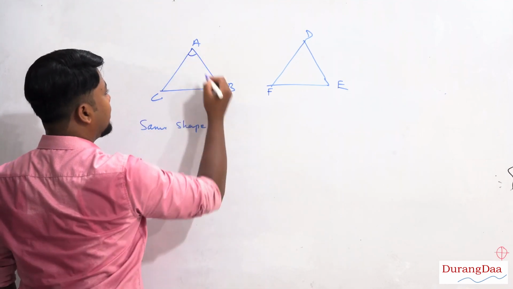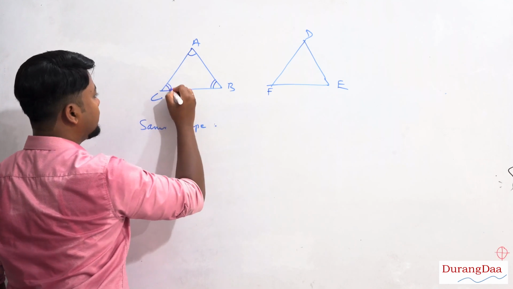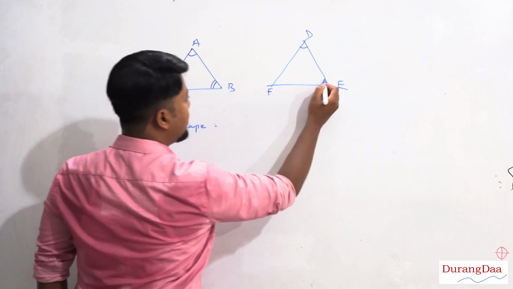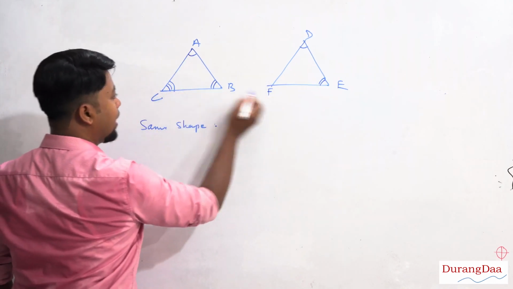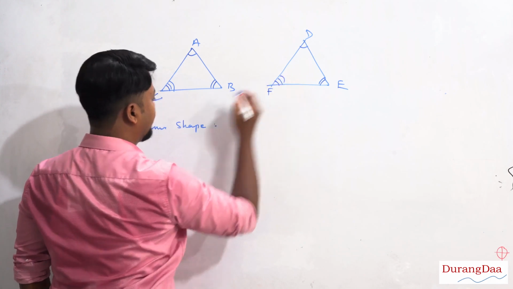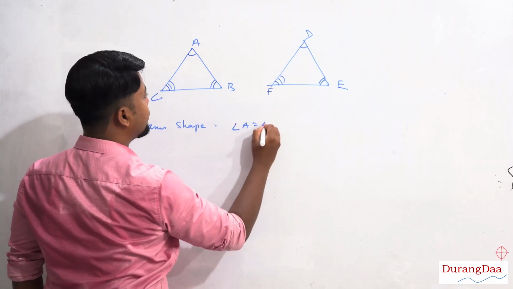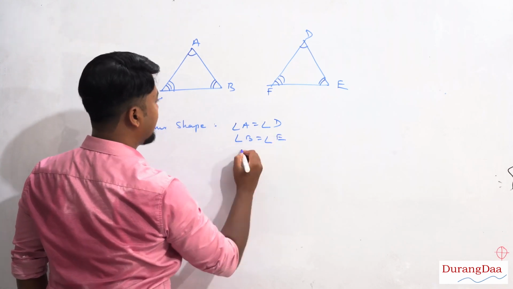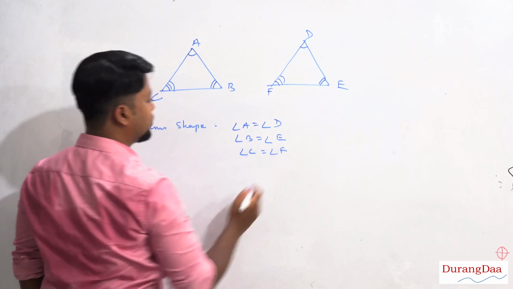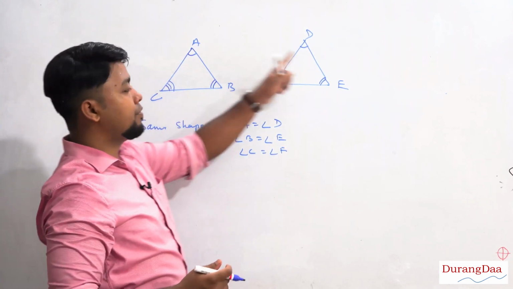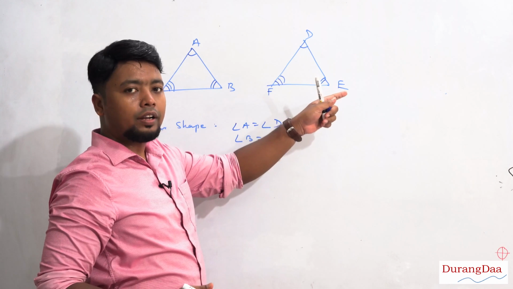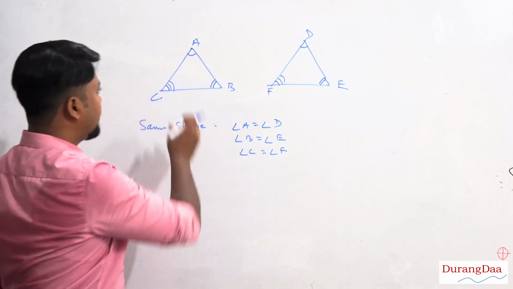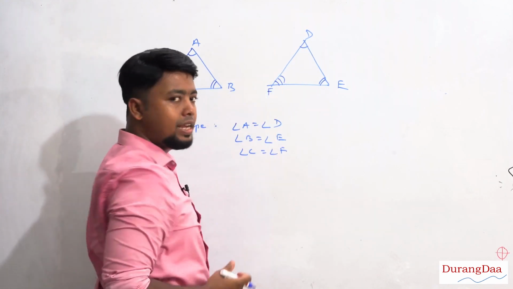Suppose this is angle A, this is angle B, this is angle C. So, if I draw it in such a way that angle D is equal to angle A, angle E is equal to angle B, and angle F is equal to angle C. So, each angle of this triangle is equal to the corresponding angle of the other triangle. That means both the triangles are of the same shape. All right, the shape of triangle ABC is equal to the shape of triangle DEF.